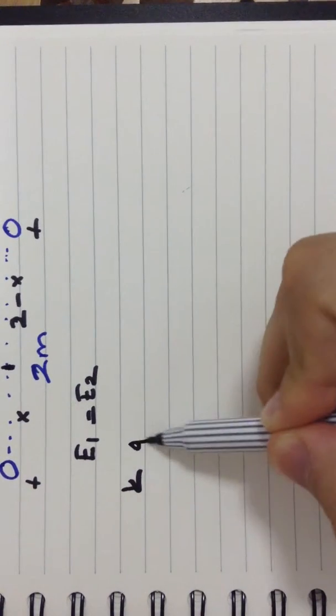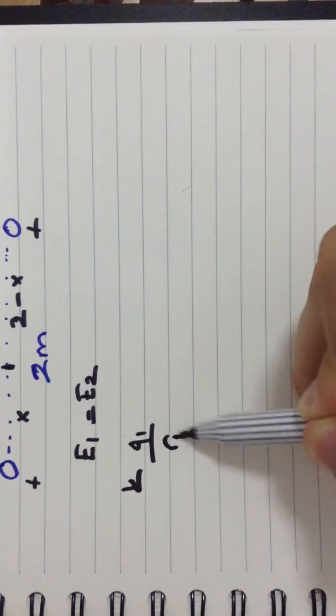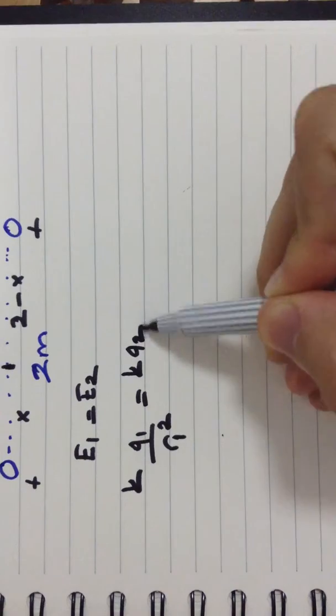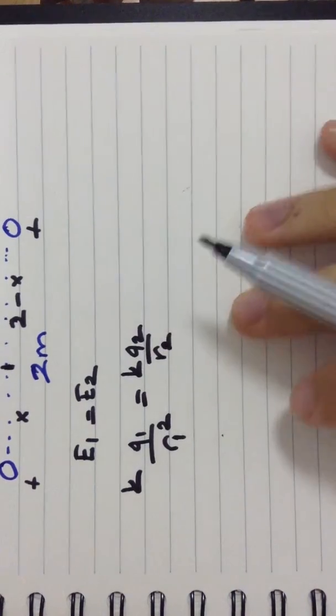and then K, our constant number, Q1 over R1 squared, and K, Q2 over R2 squared.